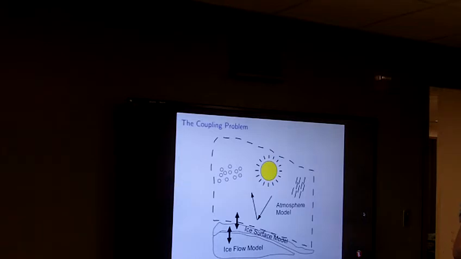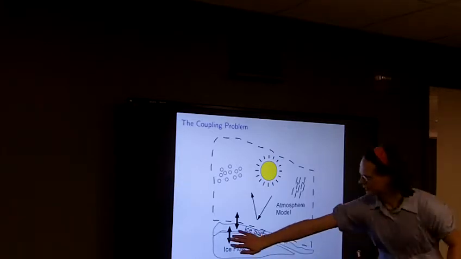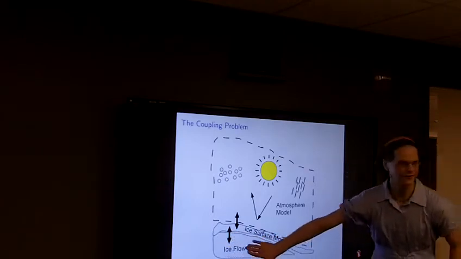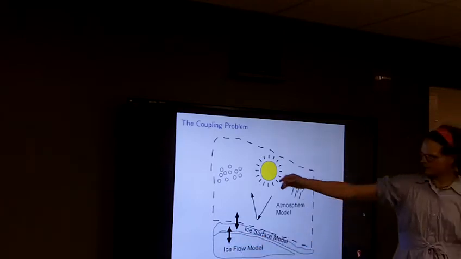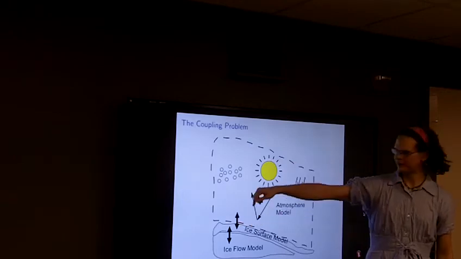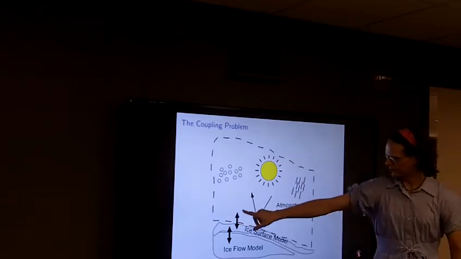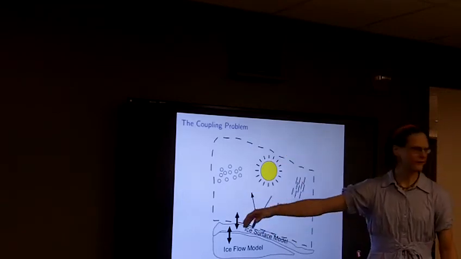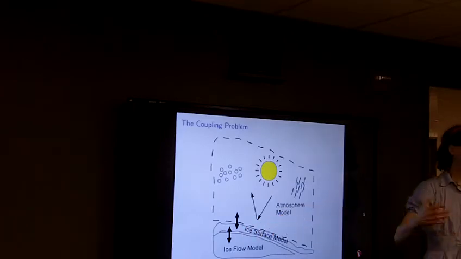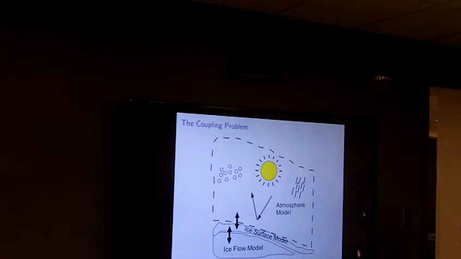So imagine the current GISS model without the ice sheet there. What it can do is give you surface mass balance. We have this model that models stuff coming down and stuff evaporating and stuff melting, so we can model where snow is accumulating and where snow is melting away.